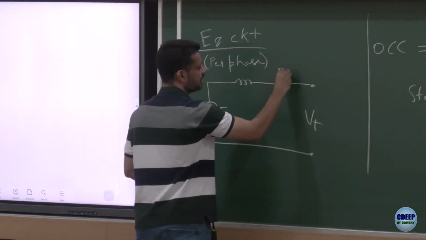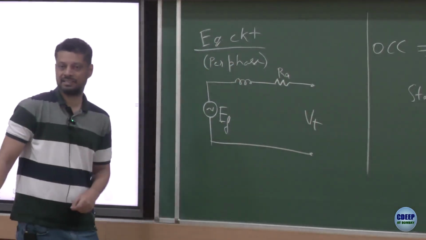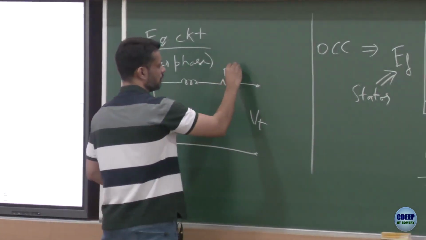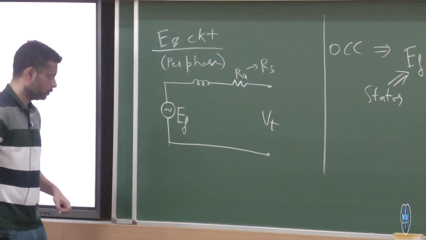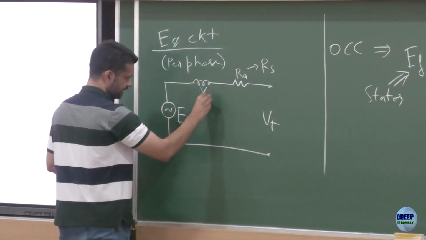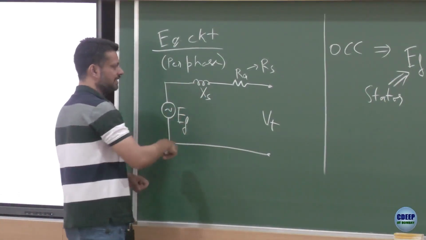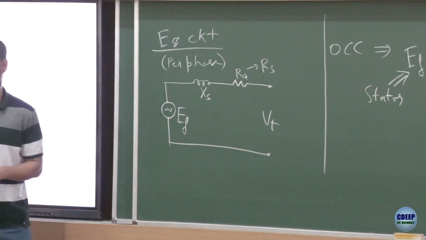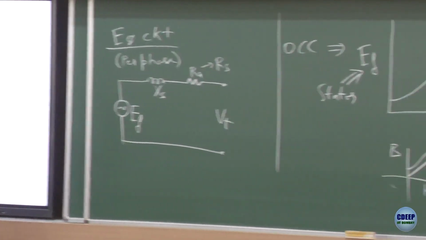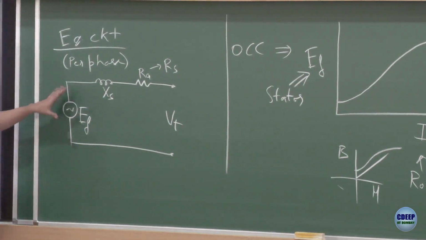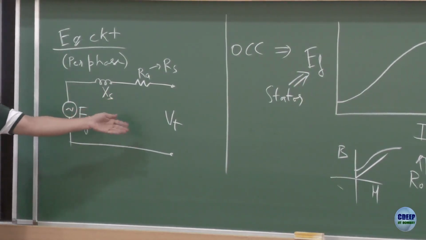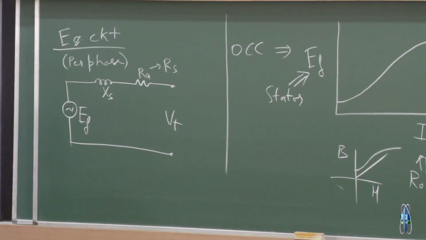There is wire resistance RA or the stator resistance, you can call it RA or you can call it RS, whatever works for you, and XS. XS is the total inductance associated with the stator coil. So, EF is the induced voltage, there is a series XS, series RA, and you get the terminal voltage.